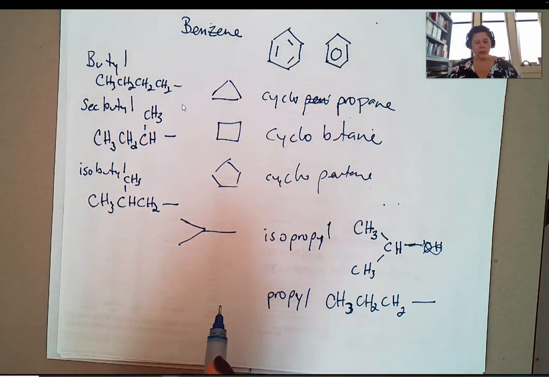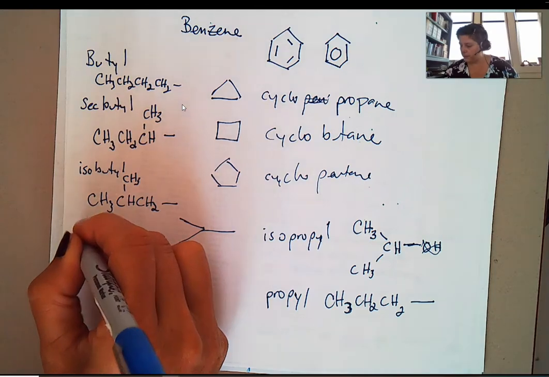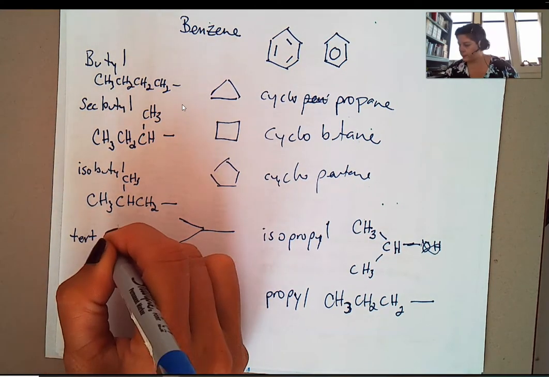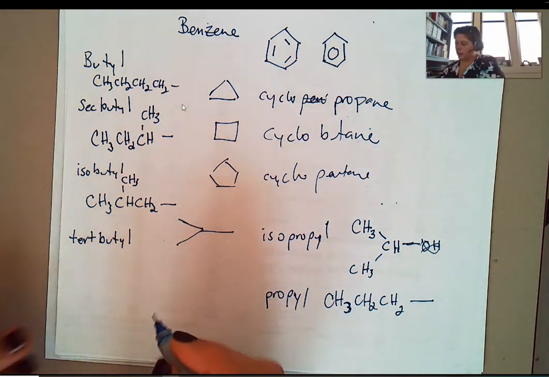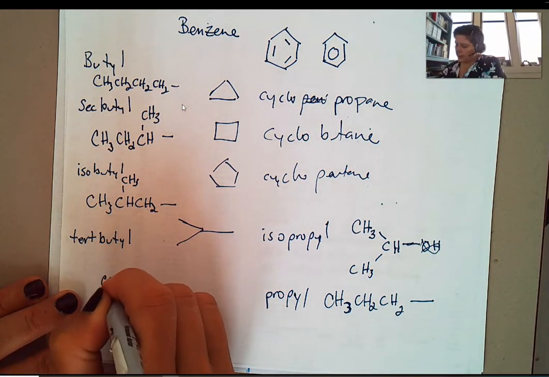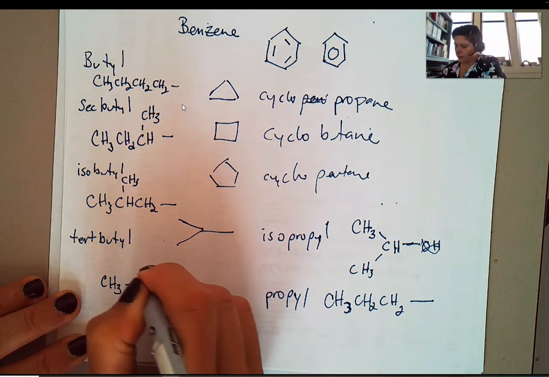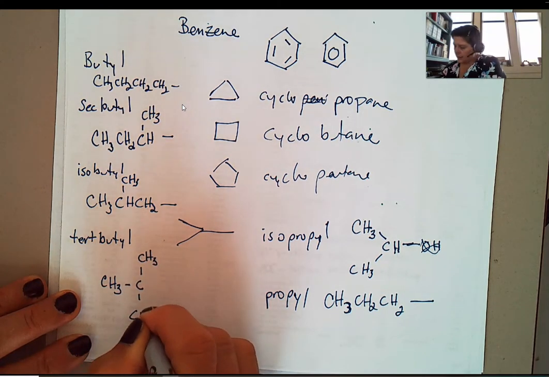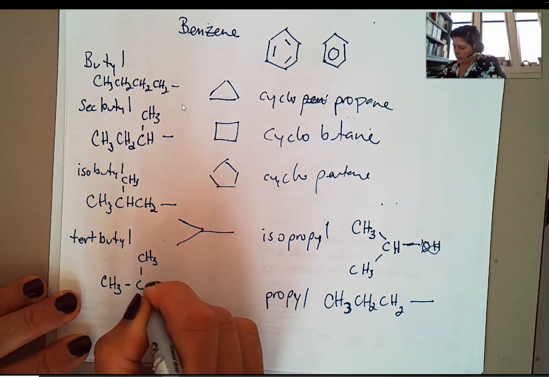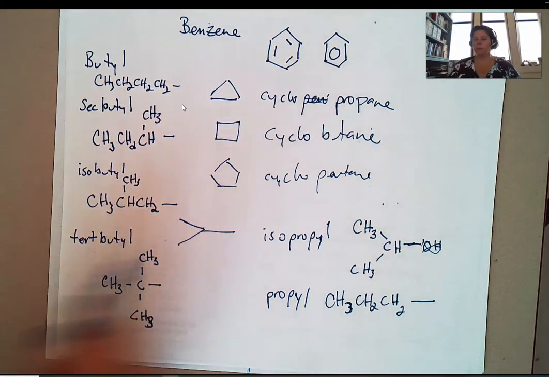But we also refer to it as isobutyl. And then there's tert-butyl. Tert-butyl, and that one is CH3, CH3, CH3, and this comes off, and this is tert-butyl.